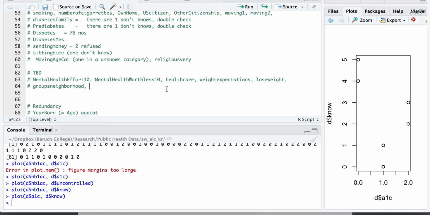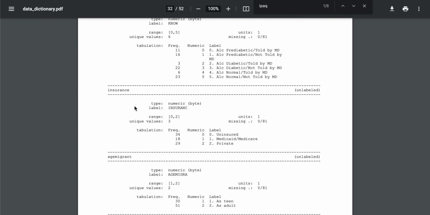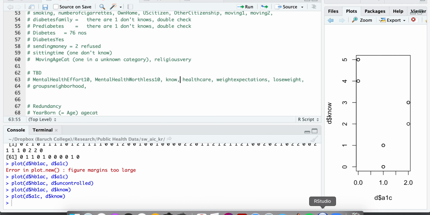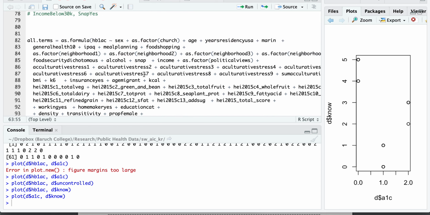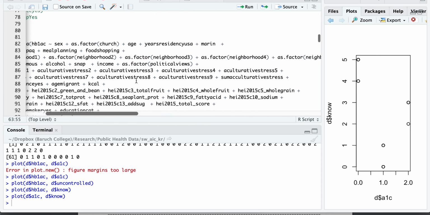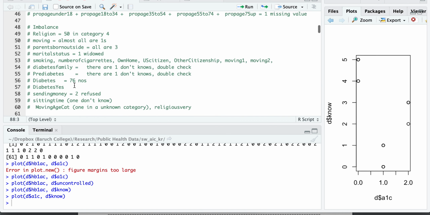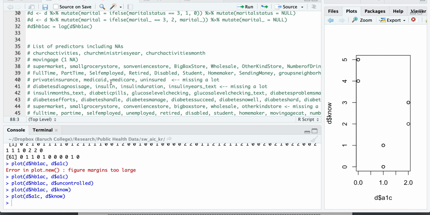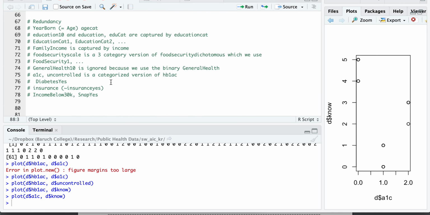I think no was here. Then we have insurance. Let's see what do we do with insurance. We ignore it. Why do we do that? Oh, okay.